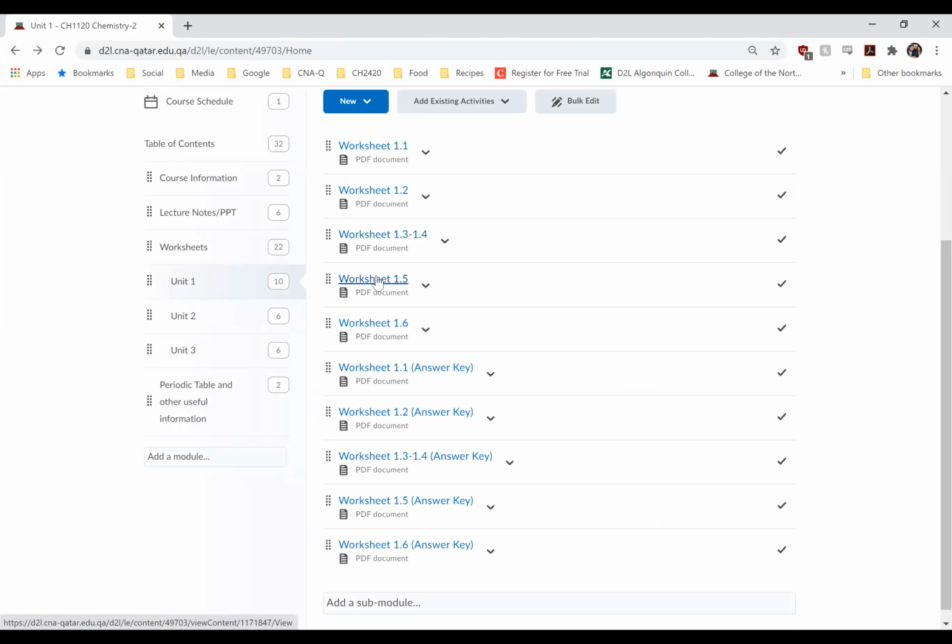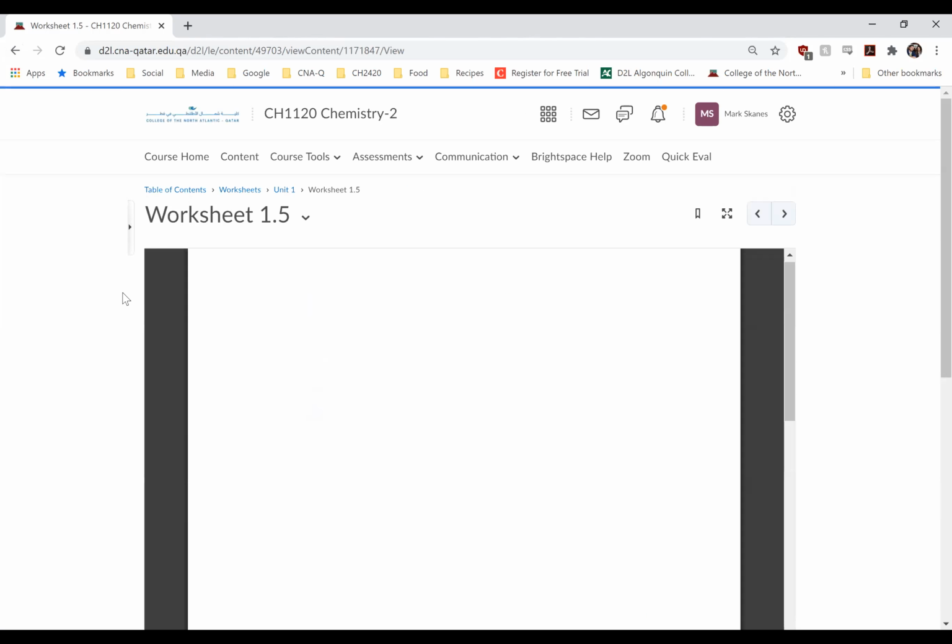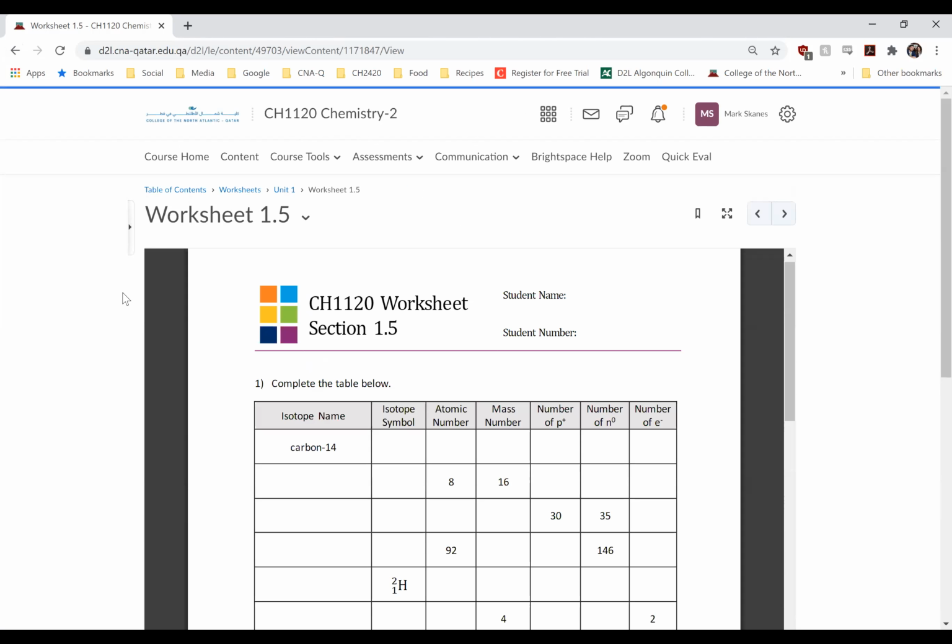Okay, if my memory is correct, this is one of the better worksheets. Yeah, this is a good worksheet. Let me make this one full screen. This is a good one to know. Now, on your test, this would be fill in the blank or multiple choice. You won't have a table to fill in like this, but I might ask, for multiple choice or fill in the blank, what is the atomic number of carbon 14?